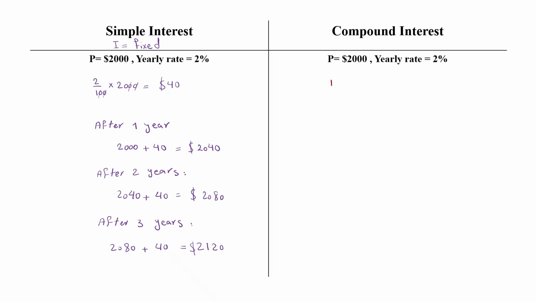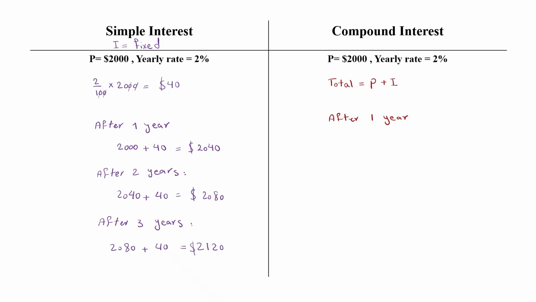You have to remember that the total money that you will have is principal, which is the original money, plus I. I want to use this formula to find the amount of money after 1 year, then 2 years, then 3 years. So after 1 year, you have to find the interest. How?